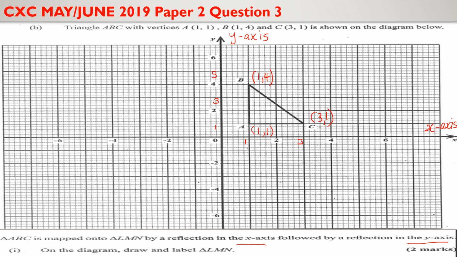C is 1 unit away, so that's C prime. And then we have B. We count 1, 2, 3, 4 squares away, so on the other side of the mirror, 1, 2, 3, 4. So B prime.